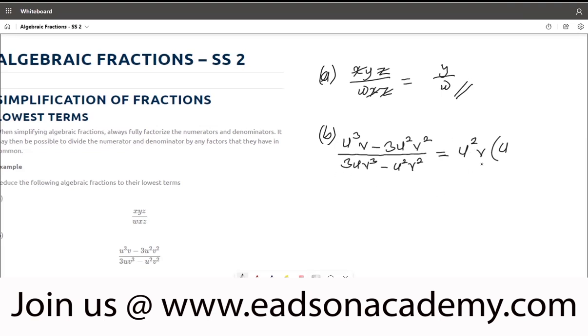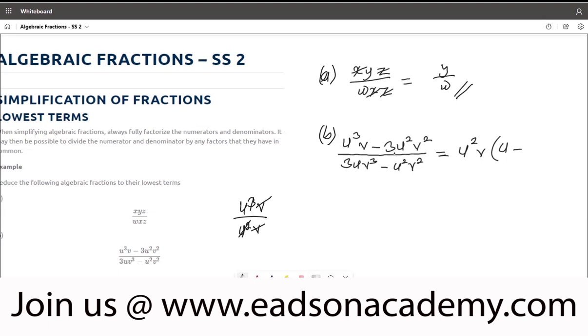Once you bring out the common factor, it's like dividing this term by that common factor, so u cube v divided by u square v, this v will cancel this v. Then I have 3u here and 2 here, if I cancel 2 out of this I'll be left with 1. That is the 1 there.